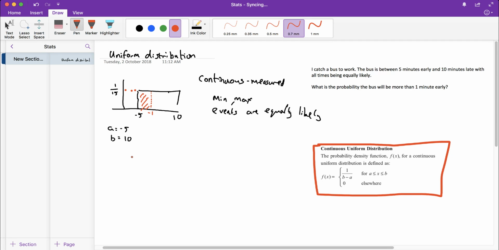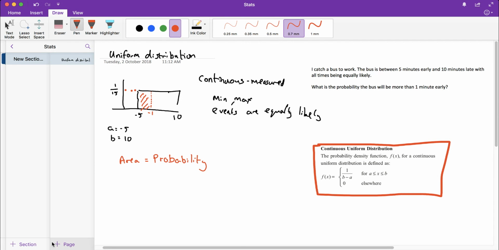The only other thing that we haven't talked about so far is that the area is the probability. This is the same whenever I do any continuous distribution. It doesn't matter whether it's a normal distribution, a uniform distribution, or a triangular distribution, the area is the probability.